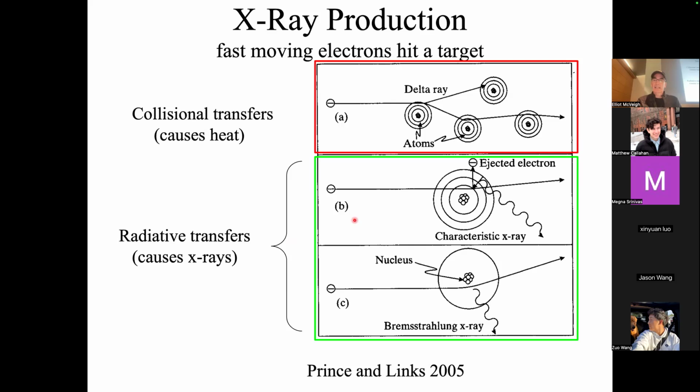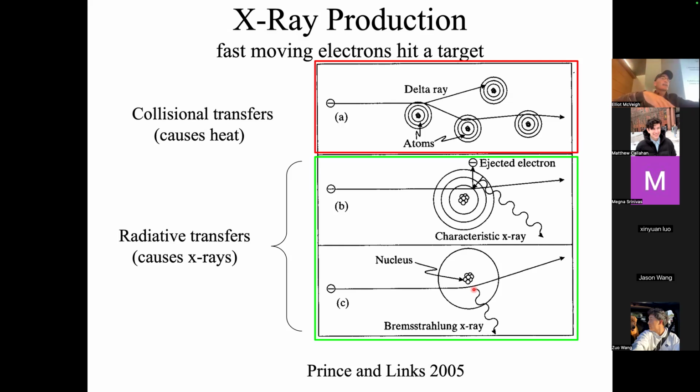The other thing that can happen, let's start with this one. This produces most of the useful X-rays for us. An electron flies in here, it gets close to either the nucleus or an electron, and it doesn't hit it, but it is affected by the charge such that it bends its trajectory. And when you accelerate a charge, right, that causes electromagnetic radiation, right?